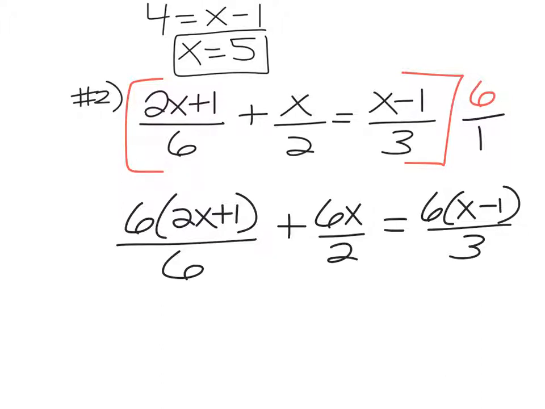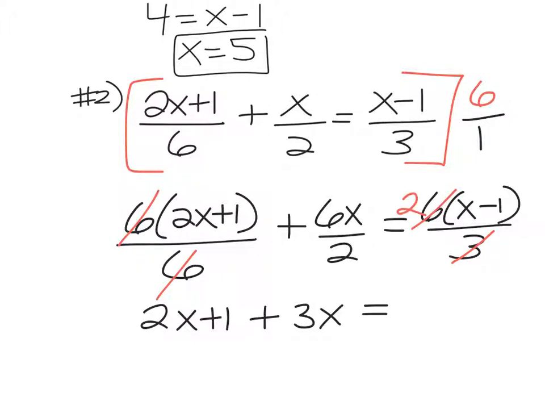Okay, so now let's go ahead and reduce these. 6 and 6 reduce, leaving us with 2x plus 1. Over here, 6x over 2 is what? 3x. And over here, 3 goes into 6 how many times? 2. And so then I get 2x minus 2.